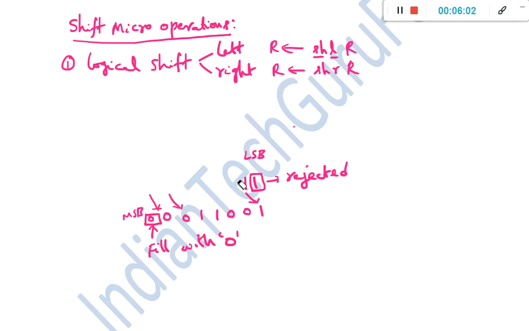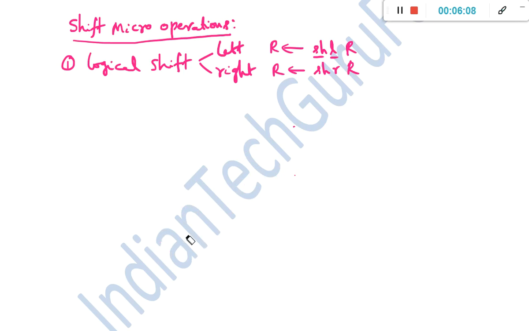Now let us consider the circular left shift operation as well as the circular right shift operation. The second category is circular shift operations: left operation CIL, right operation CIR.